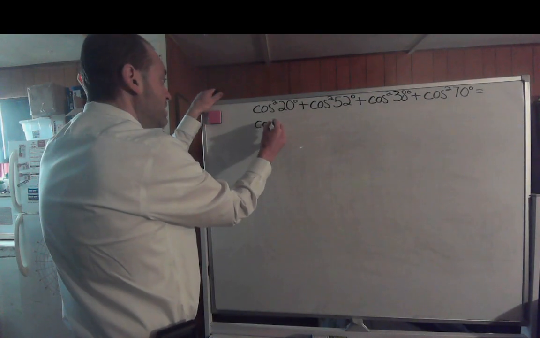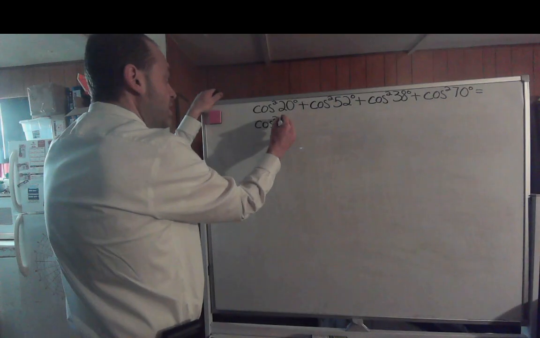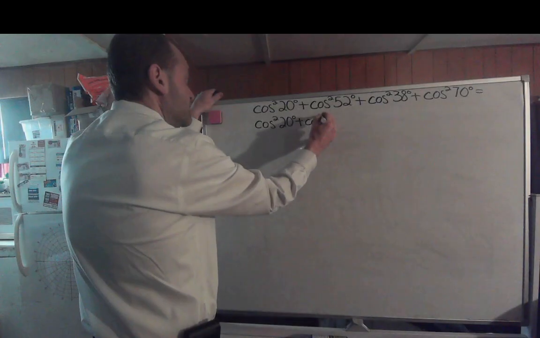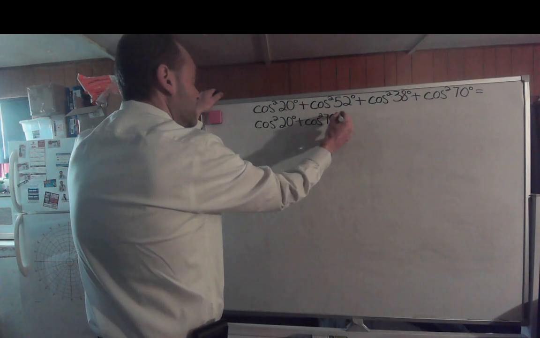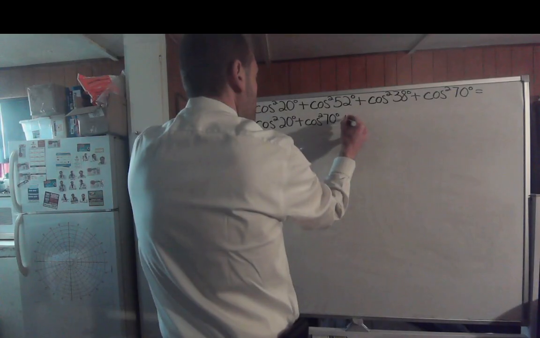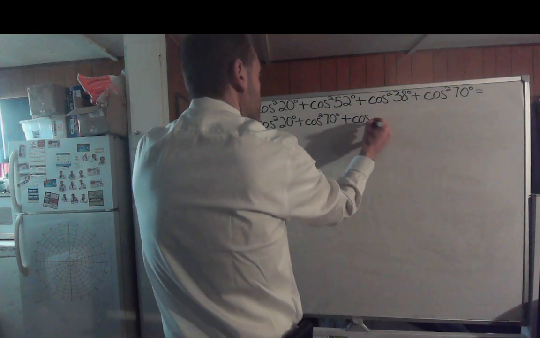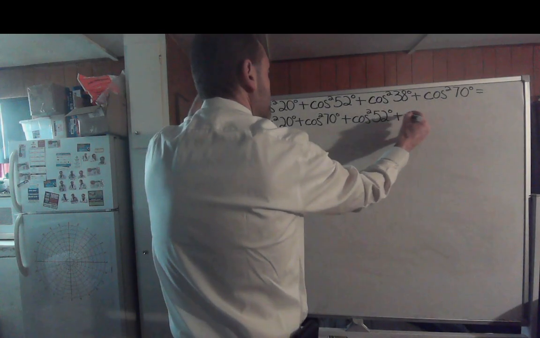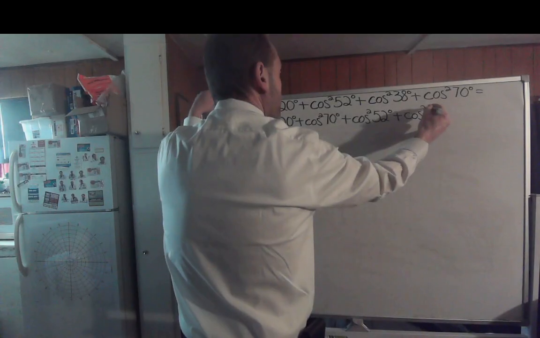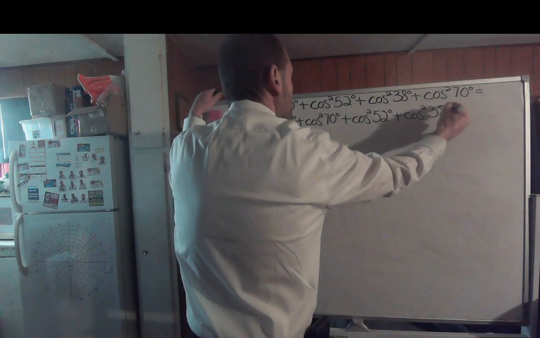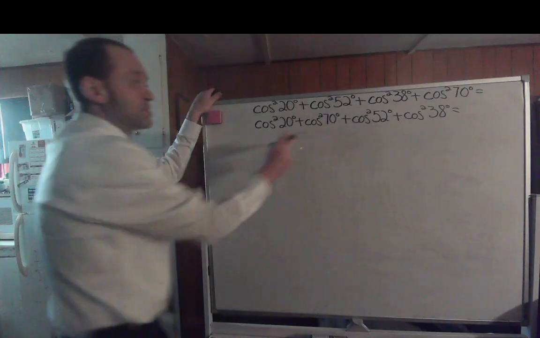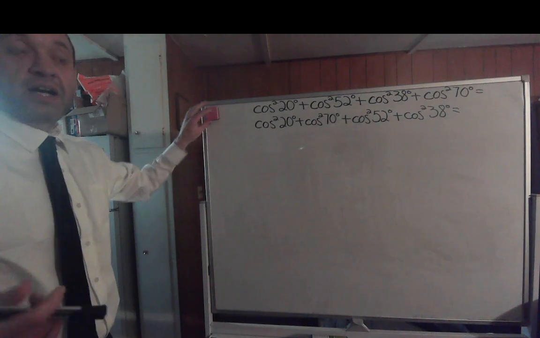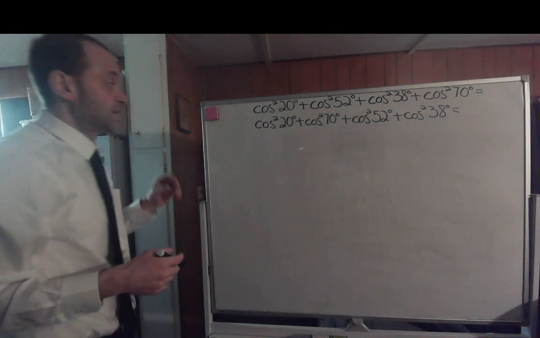So we can rewrite this as the cosine squared of 20 degrees plus the cosine squared of 70 degrees plus the cosine squared of 52 degrees plus the cosine squared of 38 degrees. Get these two sums of 90 close together, and then you can use the periodic cofunction identities.